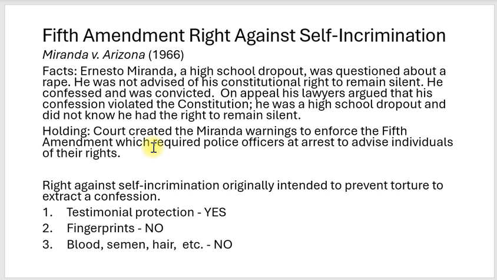By the time the police got there, Miranda was lying on the floor dead. Dead. The guy who killed him is being held by other patrons of the bar, and the police come. They arrest the guy who killed Miranda, and you guessed it, they read him his Miranda rights.